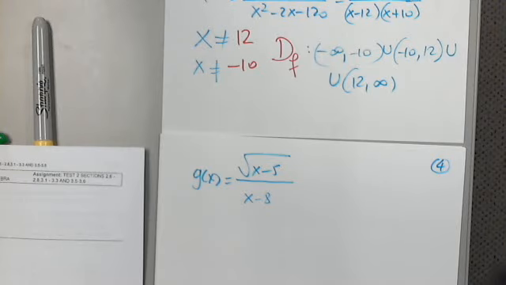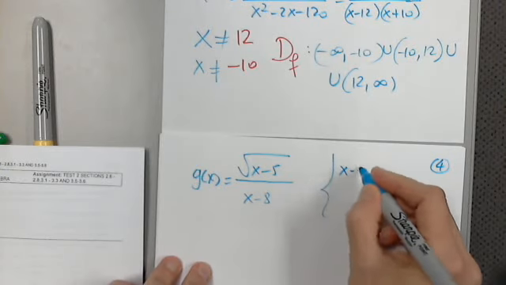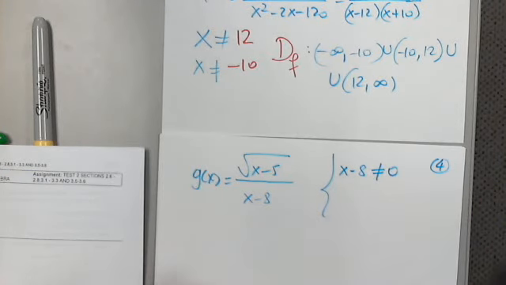So one potential problem is that the denominator could be 0, and that has to be excluded. So one condition must be x minus 8 cannot be 0. Now the second condition guarantees the existence of the square root, because the square root is not a friendly function in the sense that it's not defined everywhere.